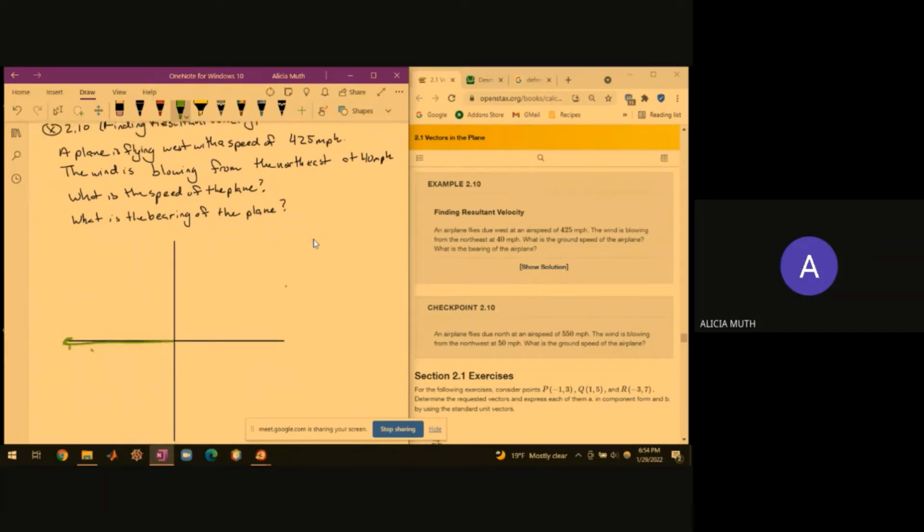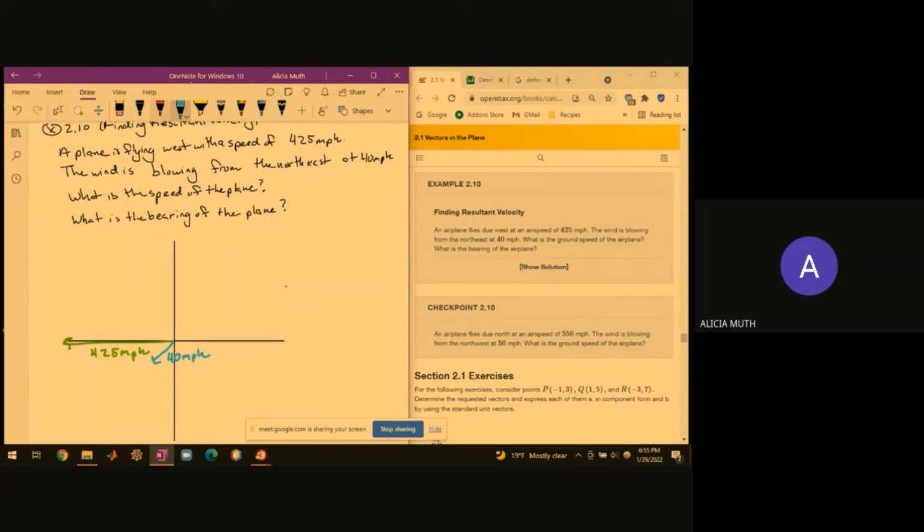Okay. And we know also that the wind is coming from the west, northeast, I'm sorry. So that means it's blowing southwest with a speed of 40 miles per hour. So this is going to throw the plane off its track a little bit.